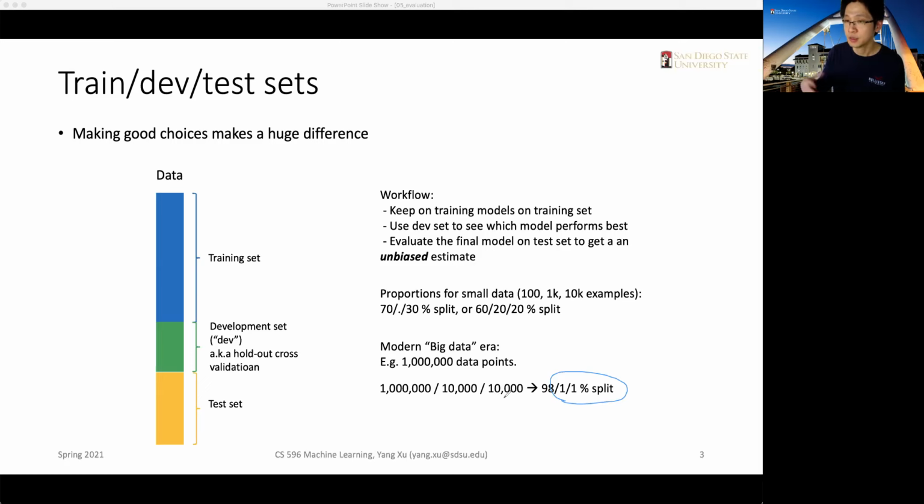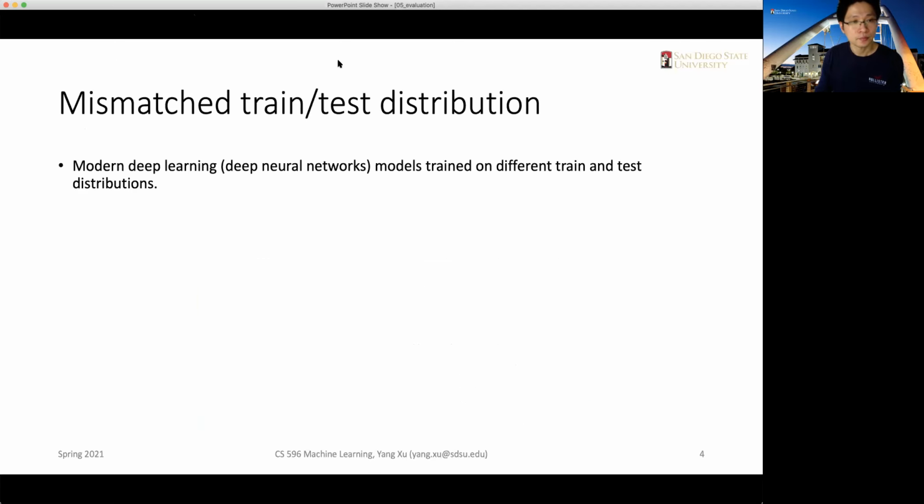In terms of absolute volume, it's not a small number, but in terms of percentage, it's quite small. It could be even smaller, depending on how much data you have. These are all very practical choices, but the basic principle is that we use the majority to train the model.